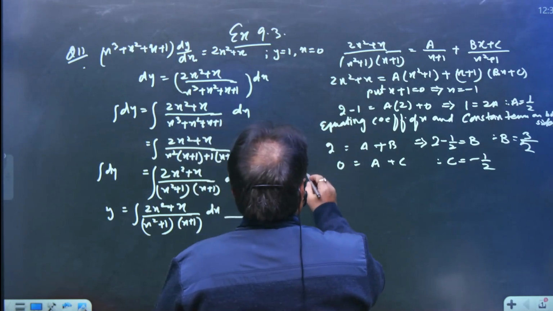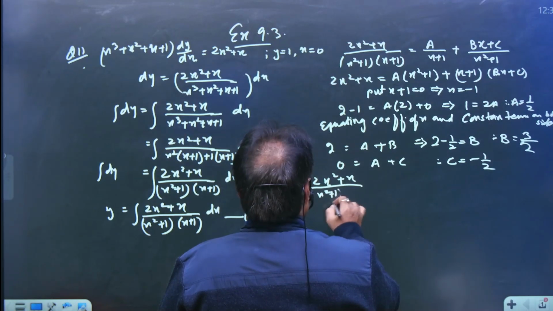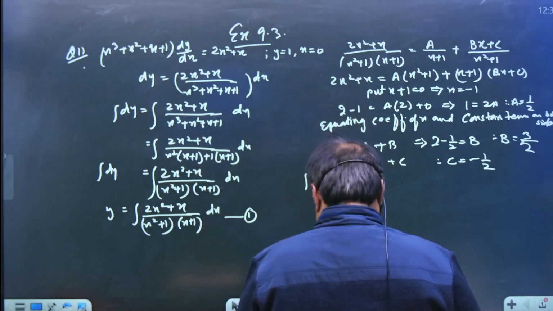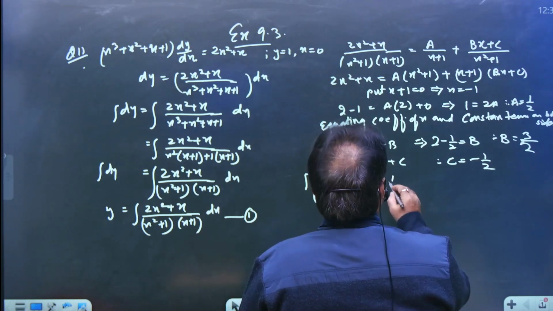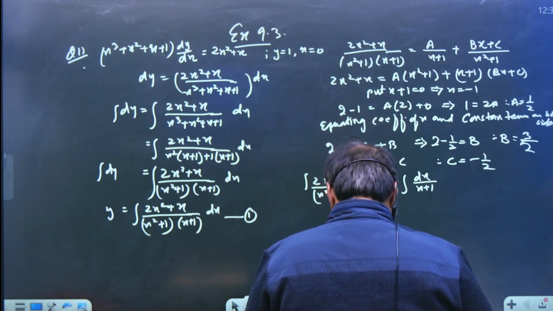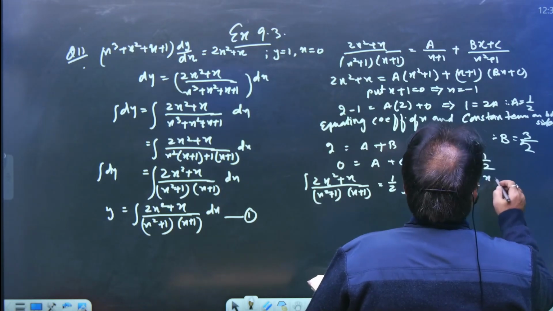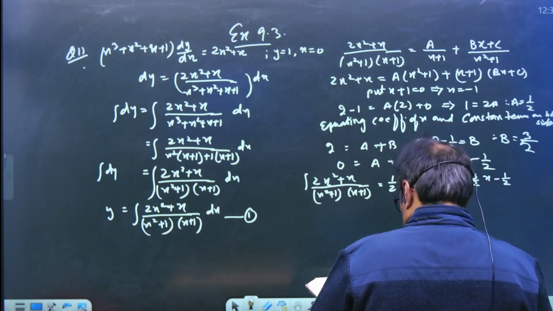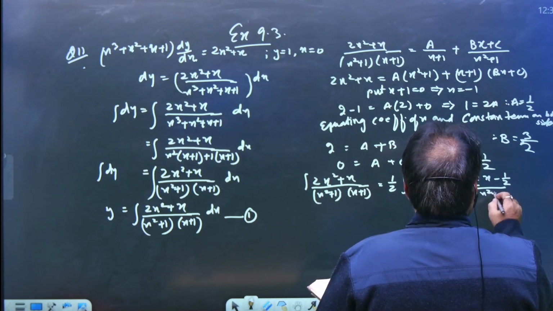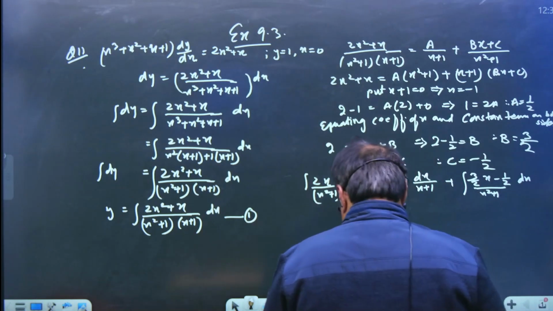So the integration of (2x² + x)/((x² + 1)(x + 1)) equals A, which is 1/2, times the integration of dx/(x + 1), plus (Bx + C)/(x² + 1), where B is 3/2 and C is -1/2, dx.